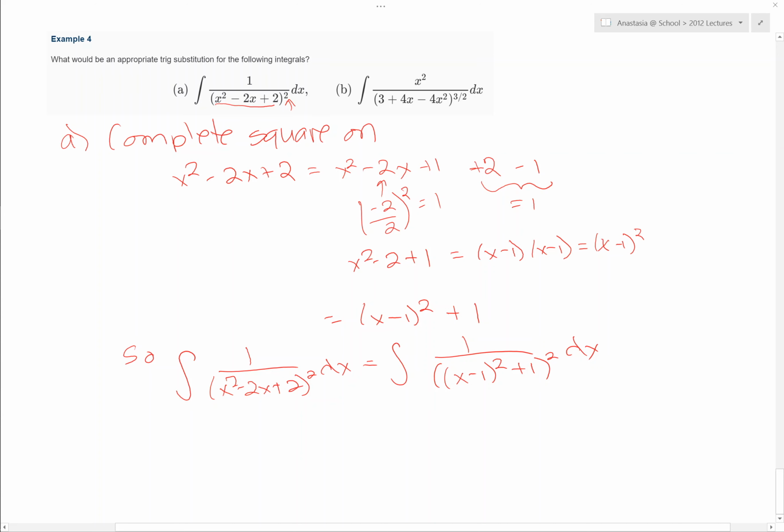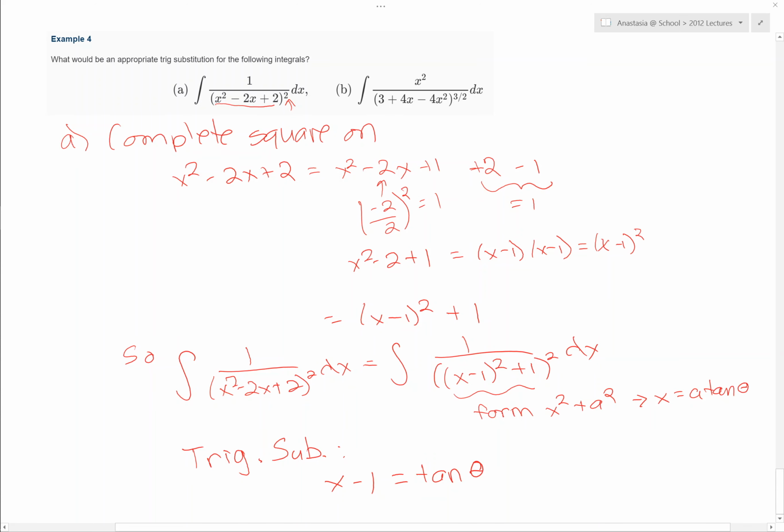So now we have the form x squared plus a squared. Here you have x equals a tangent theta. We don't have just an x, we have an x minus 1. So the trig substitution that we're going to do in this case would be x minus 1 is equal to a, which is 1, times tangent theta.